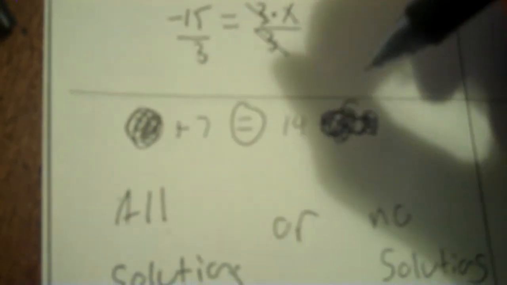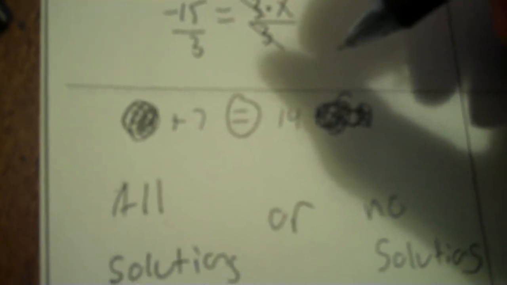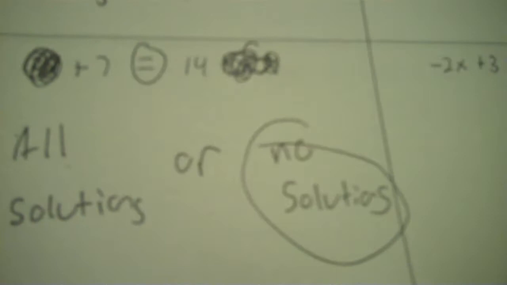Is 7 equal to 14? No, that's a ridiculous statement. So that's no solutions. That means there's no number that x can be. Like here, for example, let me go back up top here. 3x plus 2, if I take 3 times the x answer, -2, and add 2, it's -4.